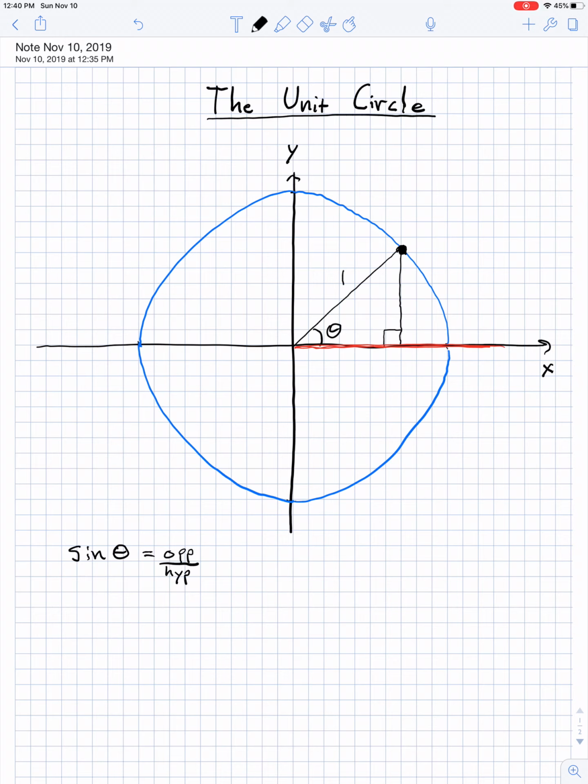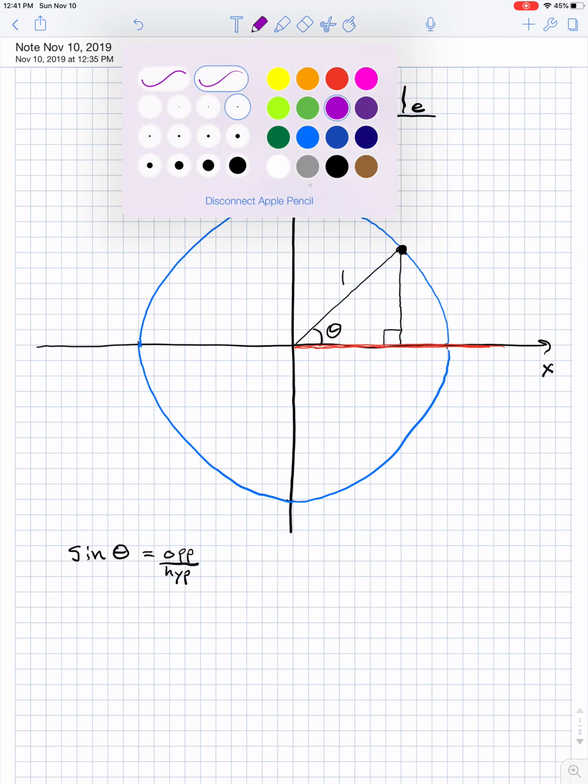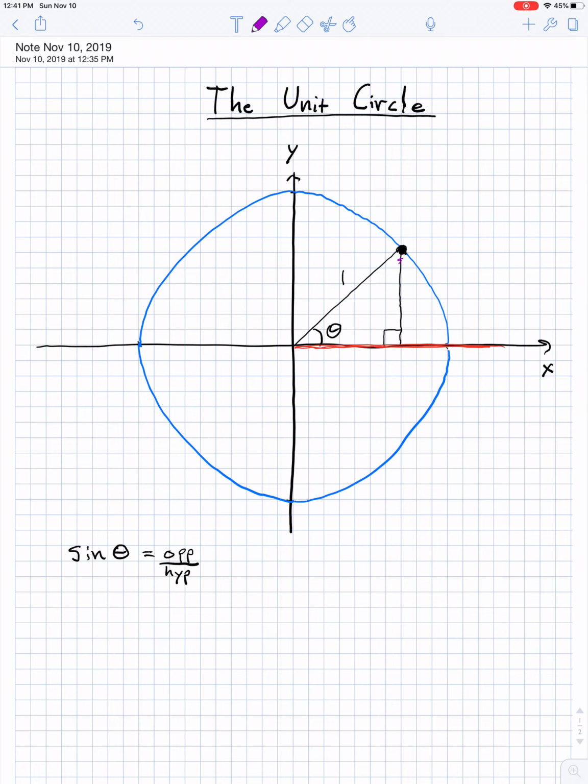We're going to apply this equation to the unit circle we've drawn here. In this case, the opposite side of the triangle would be this guy, that's the opposite side of our right triangle.